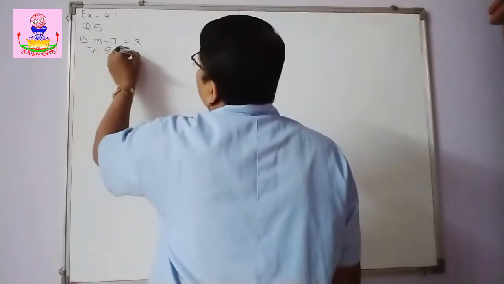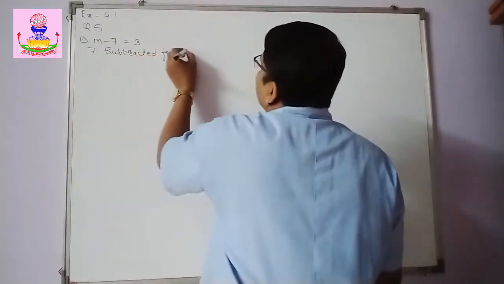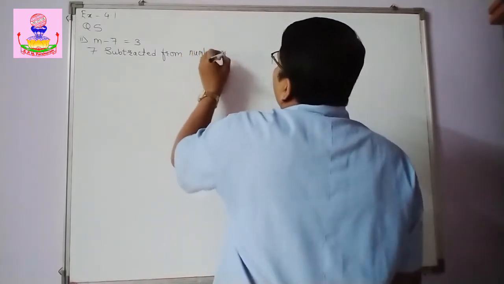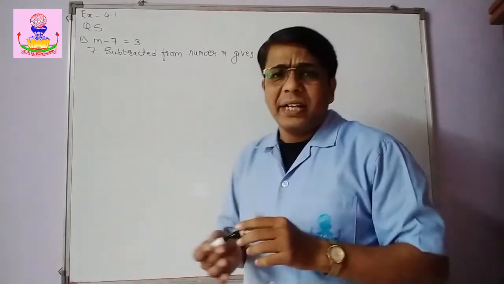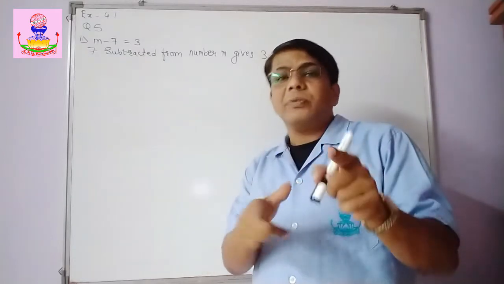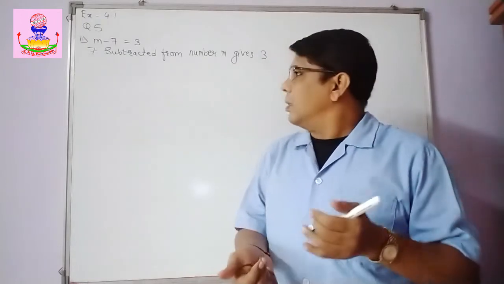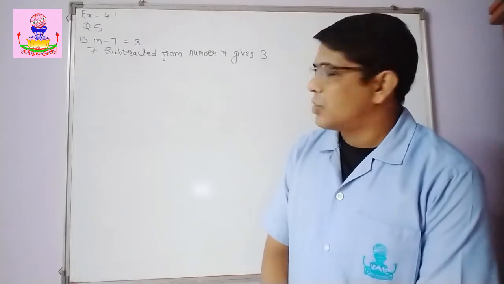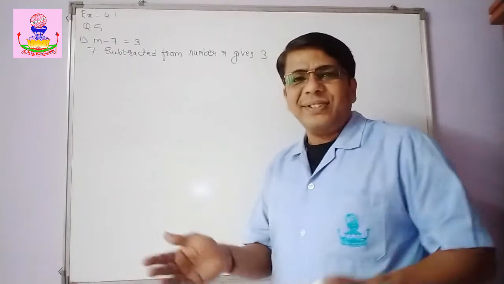7 subtracted from number M gives 3. Now, I have written it in this way, but does it mean you are supposed to write in this way? There are other ways of expressing this also. For example, Sajiri Didi Parulekar writes it like this: 7 taken away from M gives 3.